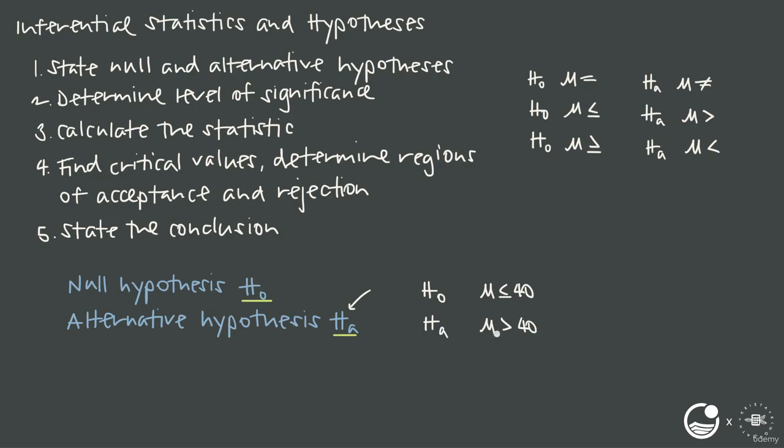So if we think that the billing department works more hours than the payroll department, we could say something like this. So the mean for the billing department is greater than the mean for the payroll department, in which case the null hypothesis is the opposite statement, that the mean for the billing department is less than or equal to the mean for the payroll department.